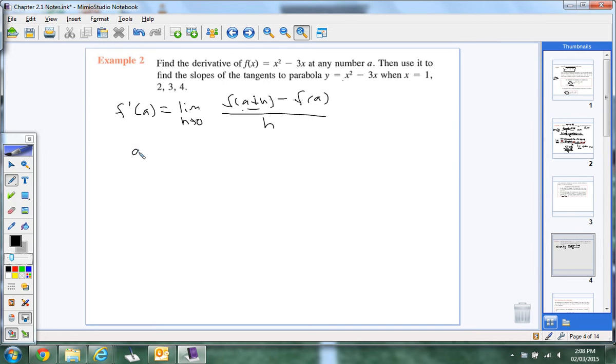So I have a plus h squared minus 3 times a plus h. And I'm going to subtract, just plugging the a in for x. So then I have minus a squared minus 3 times a, which is 3a.